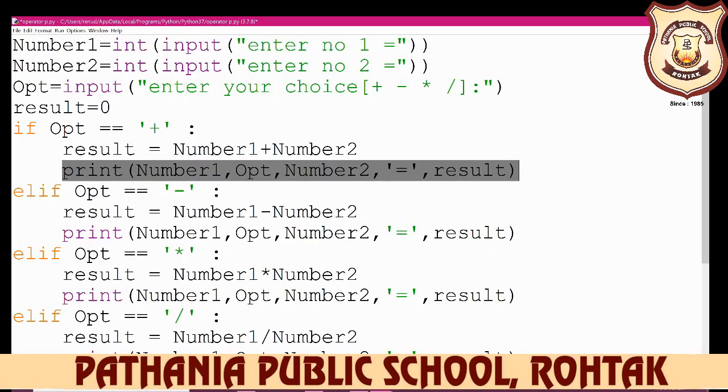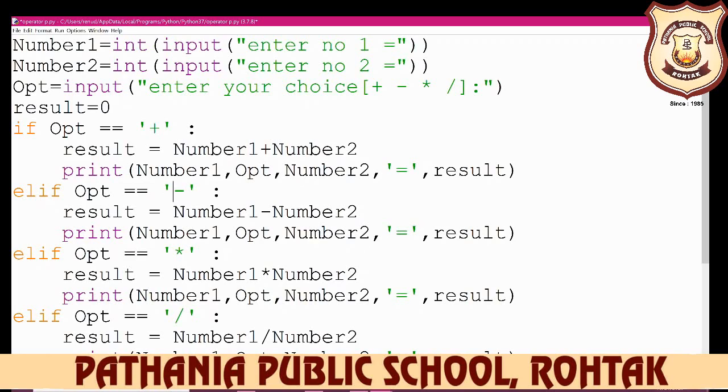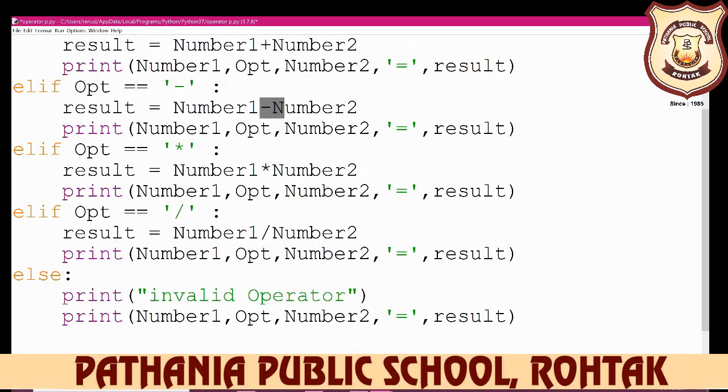After that if the user inputs the minus, then we do the minus here, and display the result the same way. If your choice is multiplication, then we multiply here and display the multiplication result.